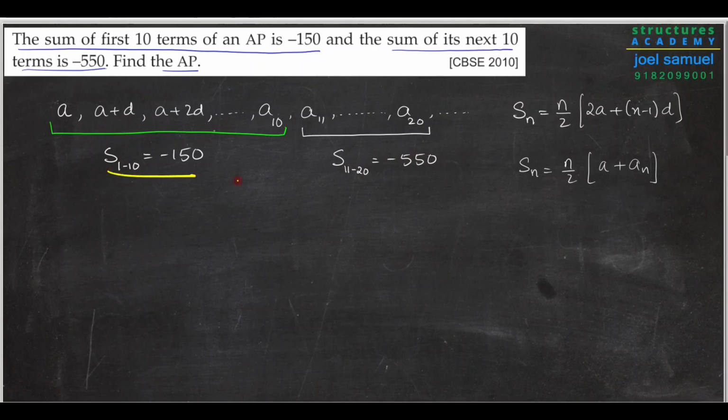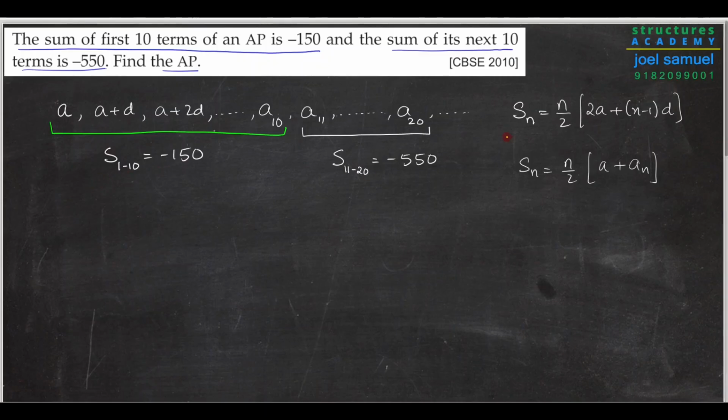Now with these two we will be able to form two equations, and using those two equations we would be able to arrive at a value of a and d, and then therefore build the arithmetic progression. So let's look at the first expression. S1 to 10 is equal to minus 150.